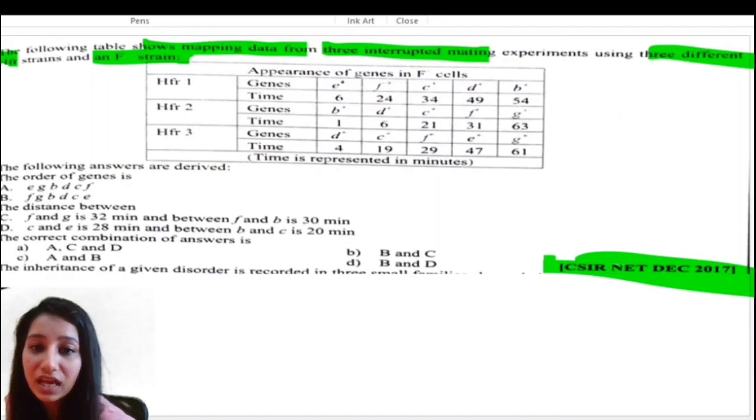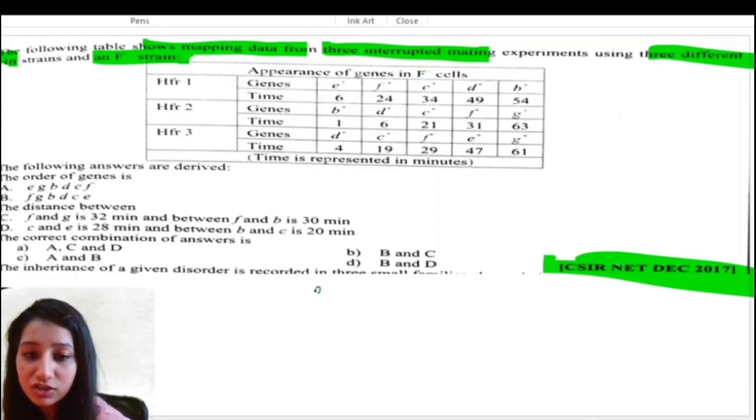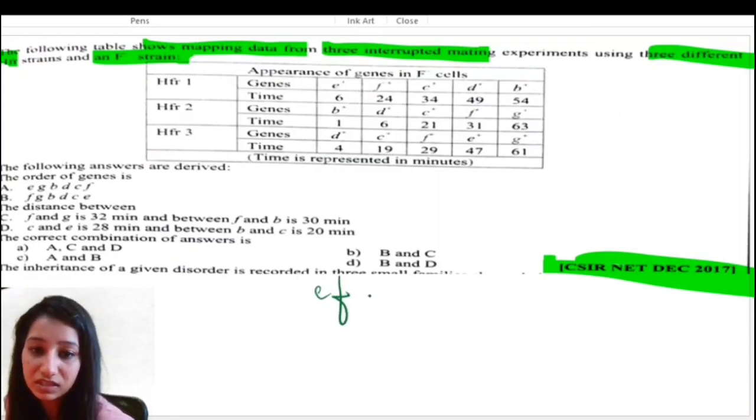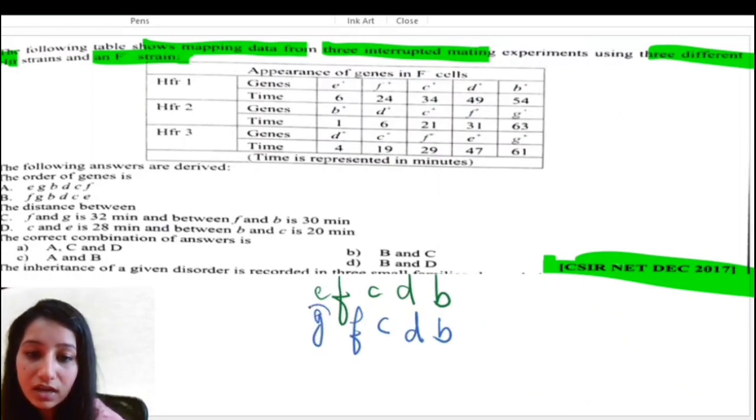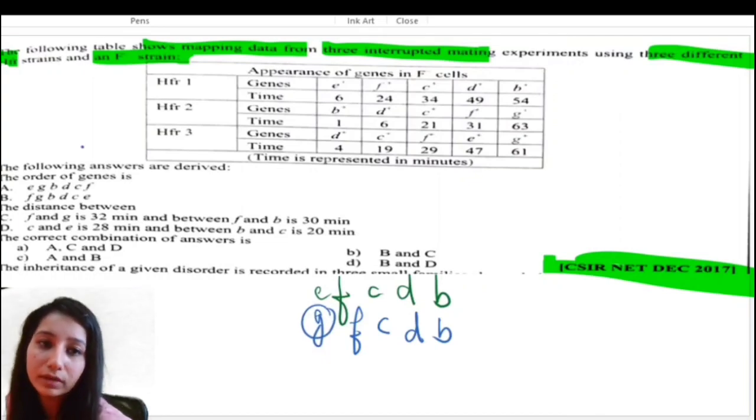So in this, once again, we'll write out the gene sequence. In the first case, first E is going, then F, then C, then D, then B. In the second one, first is B, then D, then C, then F and then G. So here instead of E, G is going.